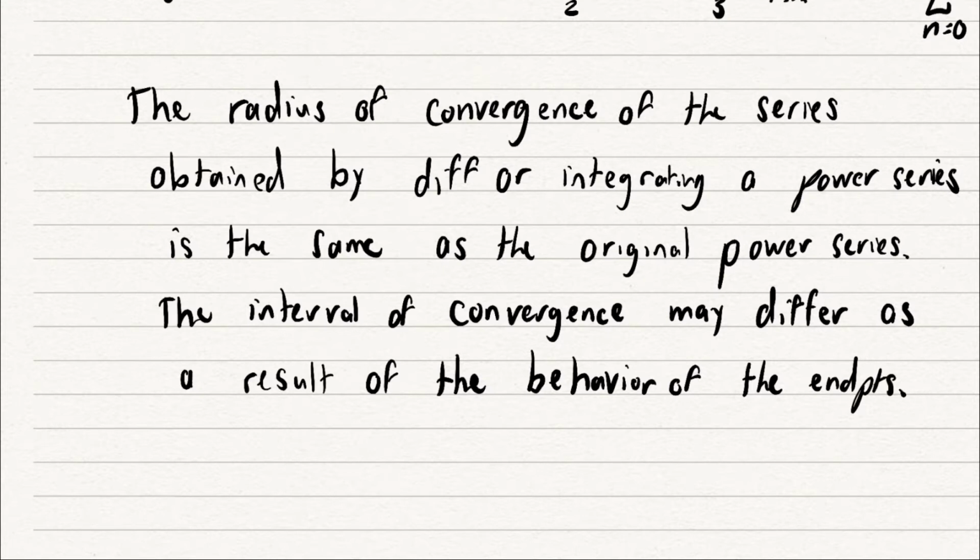So the radius of convergence is exactly the same, but the interval of convergence may be slightly different based around its specific endpoints, whether they are inclusive or exclusive.